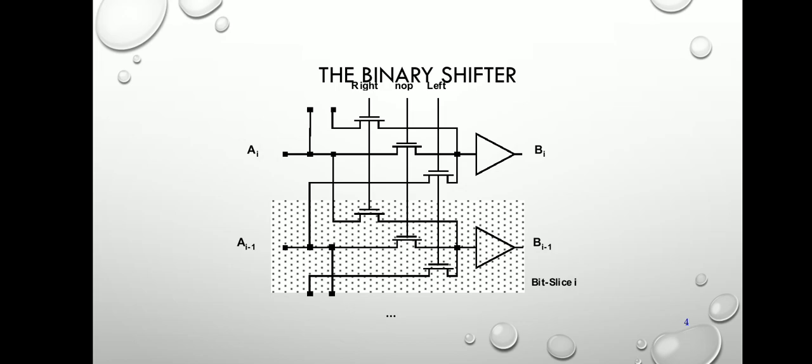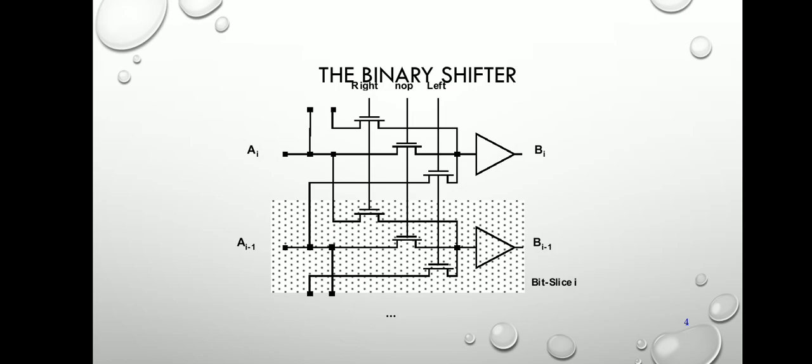First is the binary shifter. Here you can see the diagram. This is very important for the combinational logic block. When we change some digits to the other, it can be rotated to the left side, or it can be shifted to the right side.